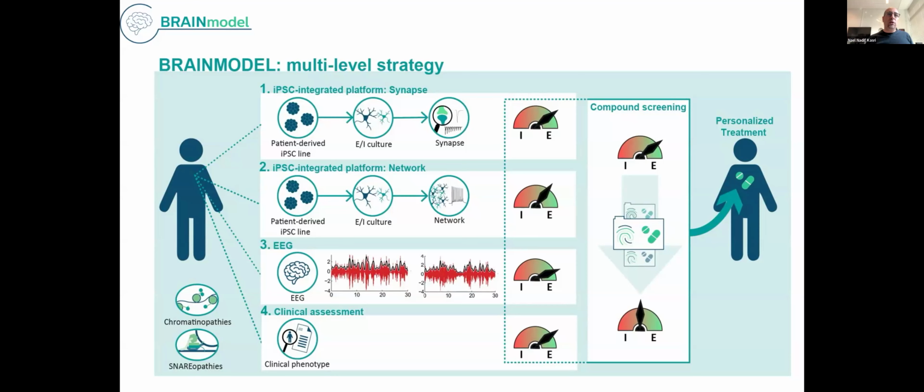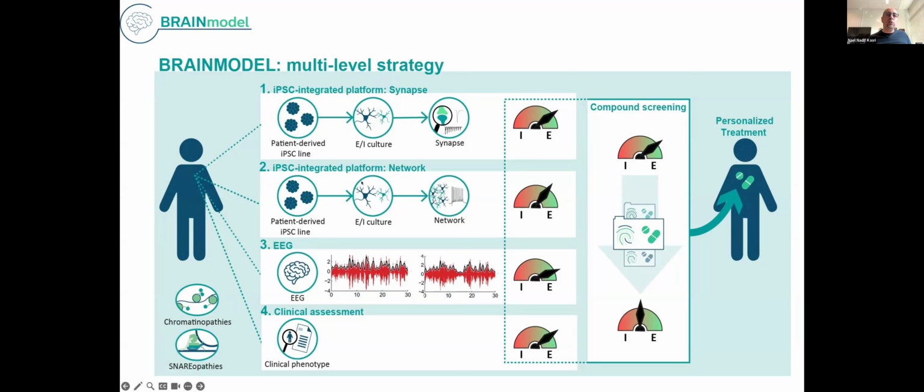The way you can look at this is that we have been generating iPS cells from an individual. We have phenotyped this at the cellular level, even looking almost at single cells. The same iPS cells have been used to look at network activity, so at how thousands of neurons actually interact with each other.